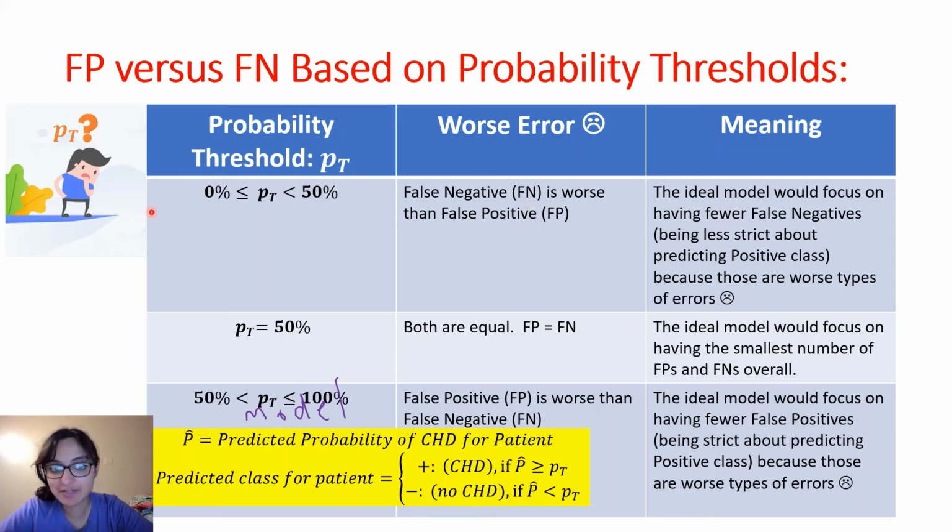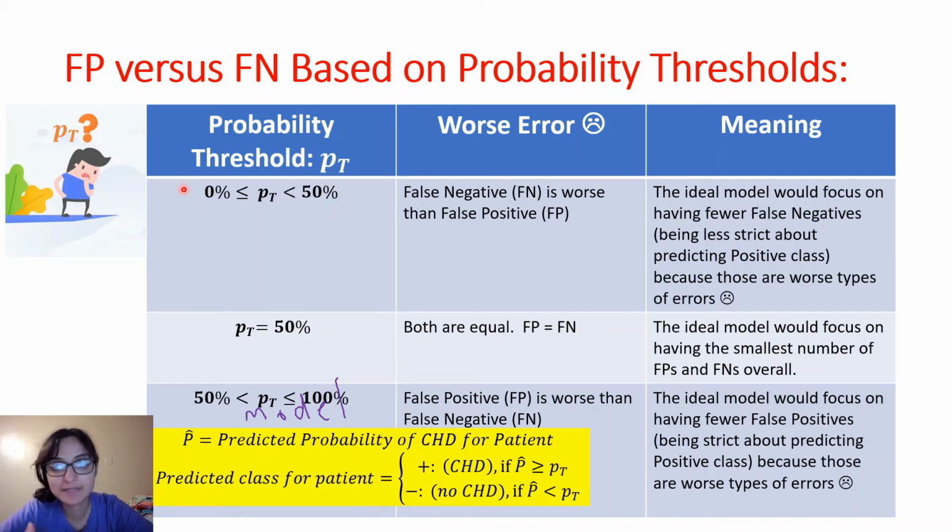That's what you're trying to do here: even if somebody has a 30% chance of cancer or coronary heart disease or severe COVID or whatnot, you're still going to send them for treatment because there's a 30% chance. To you, it's like seeing the glass half empty versus half full. To you, it's a 30% chance of them being in harm, and you want to minimize that as much as possible.